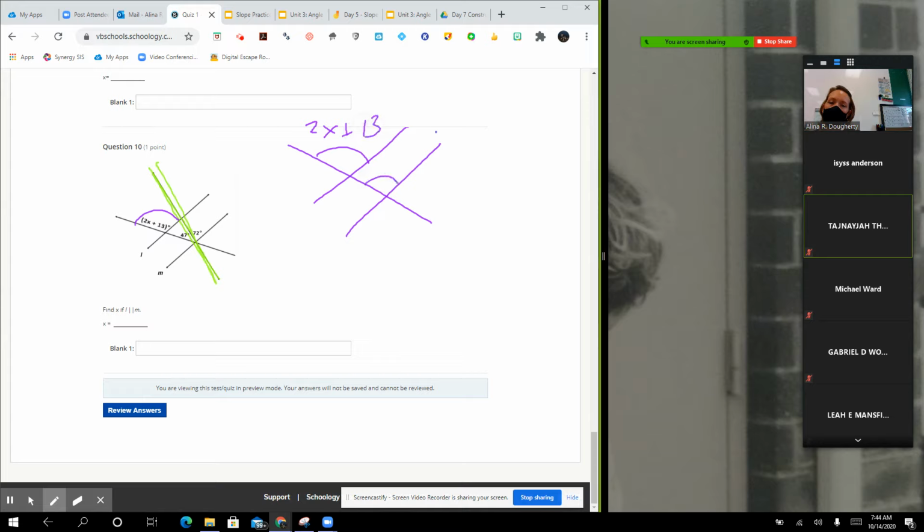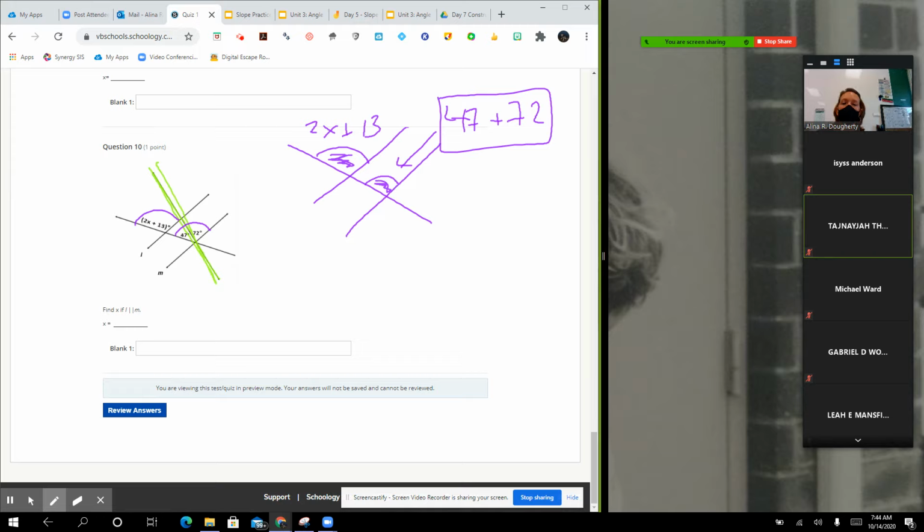And this angle here is going to be the sum of 47 and 72. Okay, that's a 4, by the way. So how are those two angles related now that I'm not distracted by that green line?